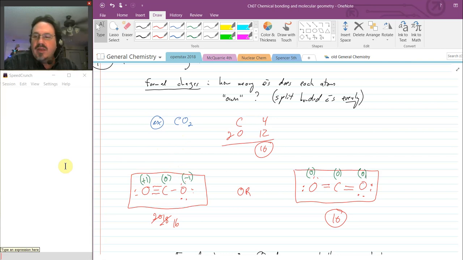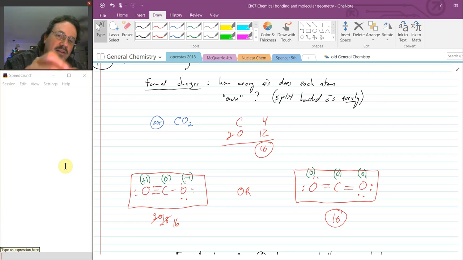So if you look at your various options and none of them have all zeros, let's say they all have some kind of formal charge, well, the structure that gives the negative formal charges to the most electronegative atom would make sense. Those electronegative atoms want the electrons, right? They hog those electrons. So if anybody gets to be a negative formal charge, the most electronegative atom should be it. So those are the two pretty simple rules on formal charges.